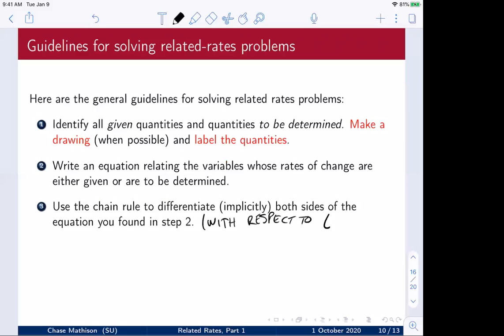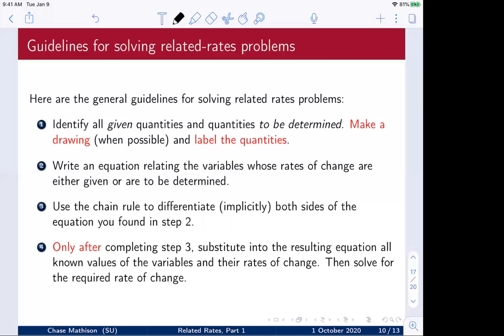But that's implicit differentiation, really. And then once you do that, you substitute all of the things that you know about all the quantities, and then solve for the rate of change that you want.